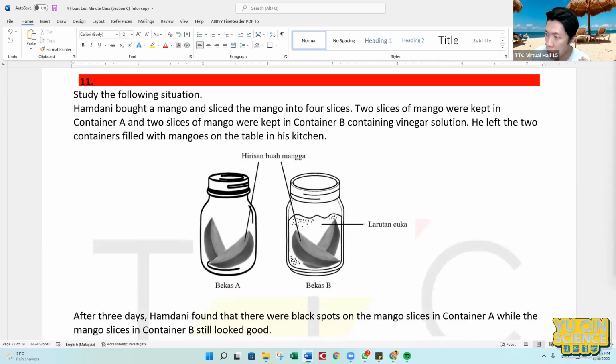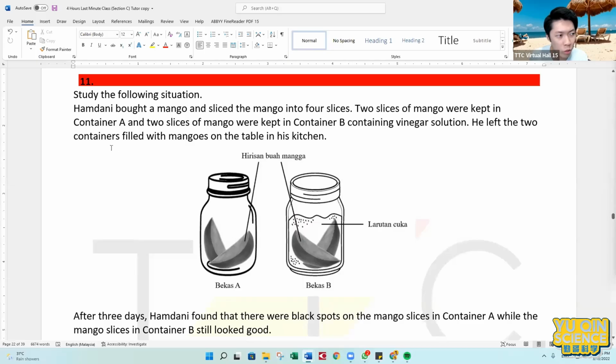You all ready? Okay, June. Hamdani bought a mango and sliced it into 4 slices. 2 slices of mango were kept in container A and 2 slices were kept in B with vinegar solution.